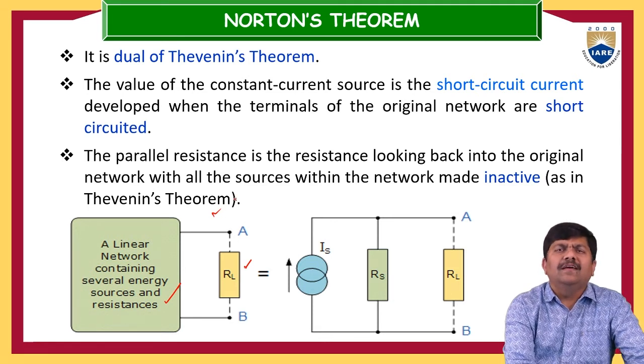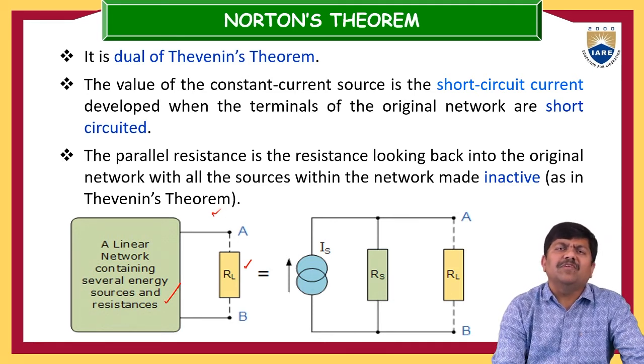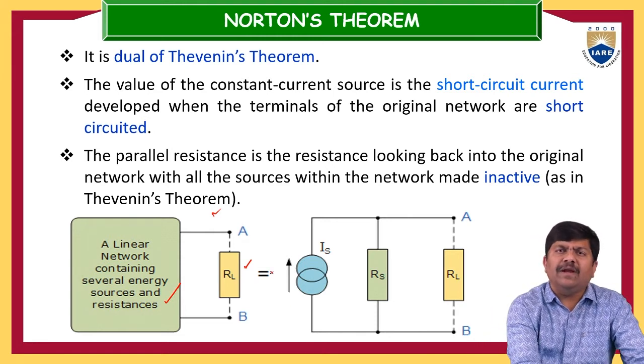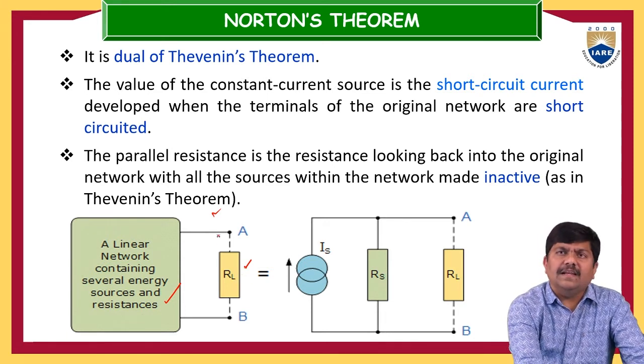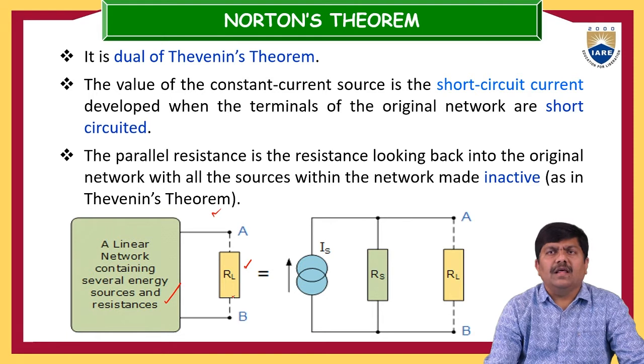There are not many difficulties involved here. It is very simple. You have to identify the element on which you are going to work, pull it completely out of the electrical circuit, and mark it as a load. That is R_L, connected between terminal A and terminal B.